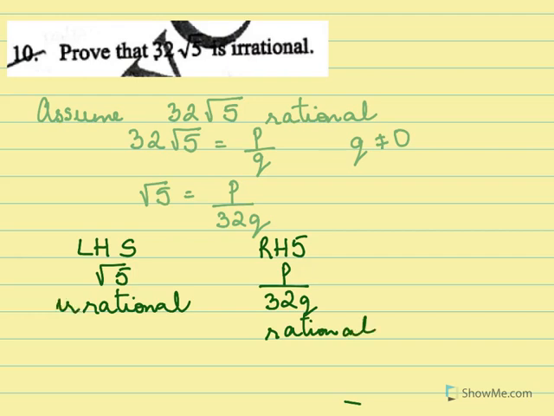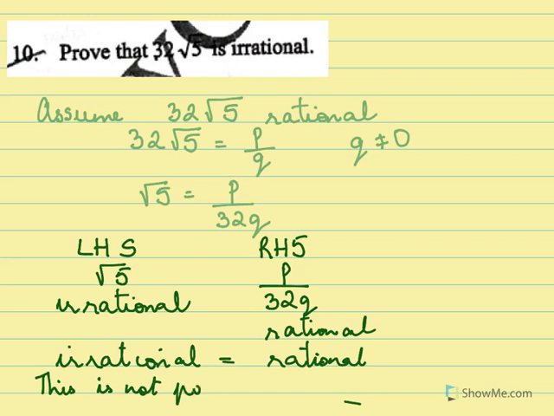See, the left side is irrational, not rational. Under root 5 is not rational, remember, it is irrational. So now here I got an irrational number equal to a rational number, and this is not possible. A rational can never be equal to an irrational.